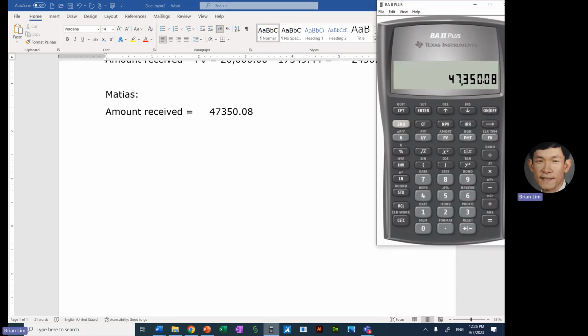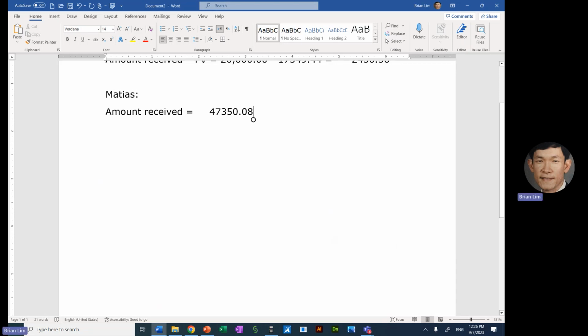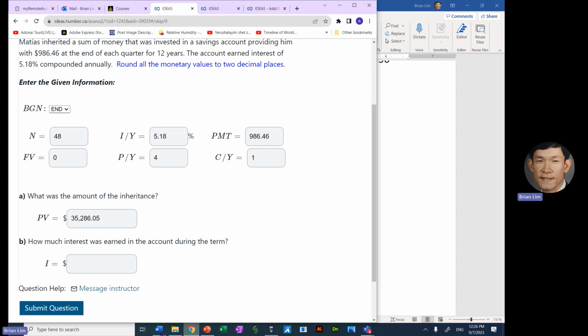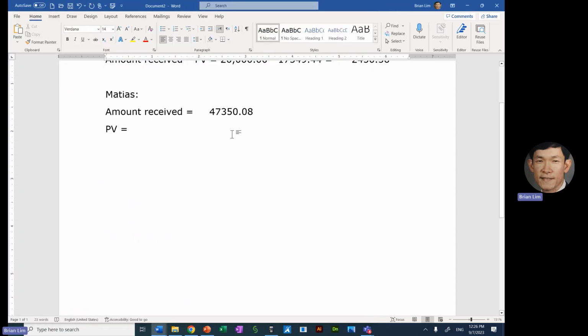Yes, it is correct. And the present value is equal to 35286.05. So we will copy that number and go in here, and paste it.